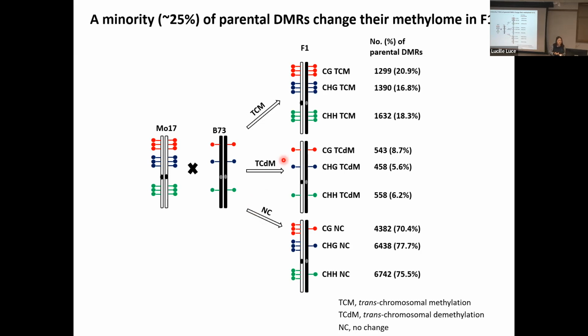Only 25% of the parental DMRs change their methylome in F1. Out of this 25%, about 19% are TCM, which means they gain methylation after hybridization. There are also 7% that are TCDM, which means methylation is removed in those regions.